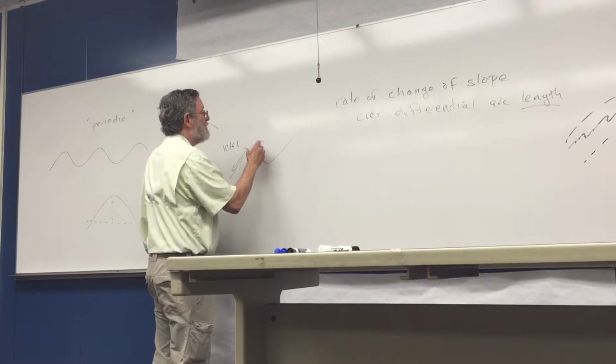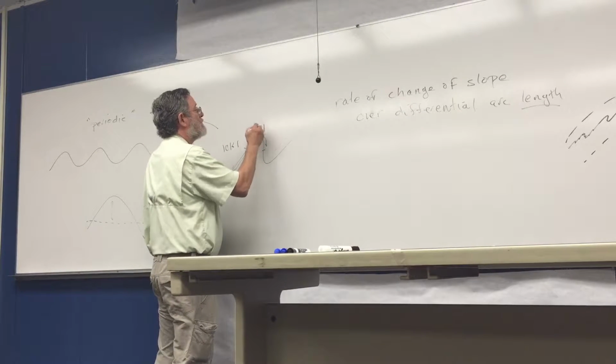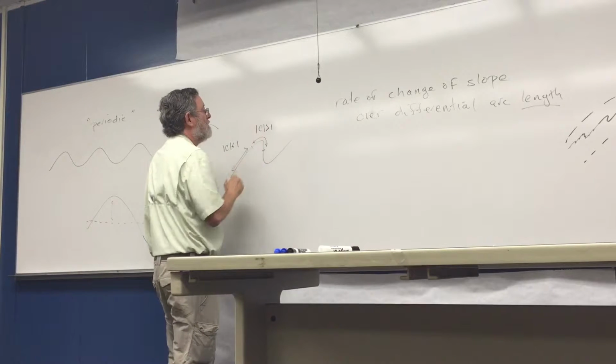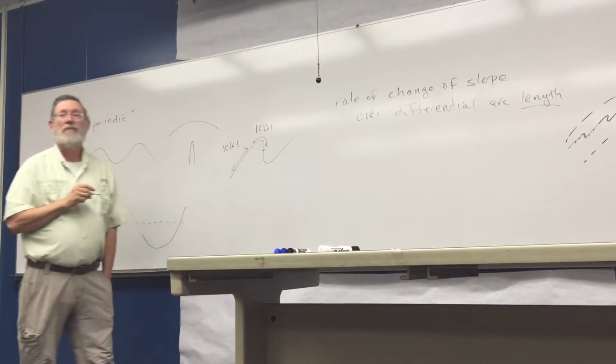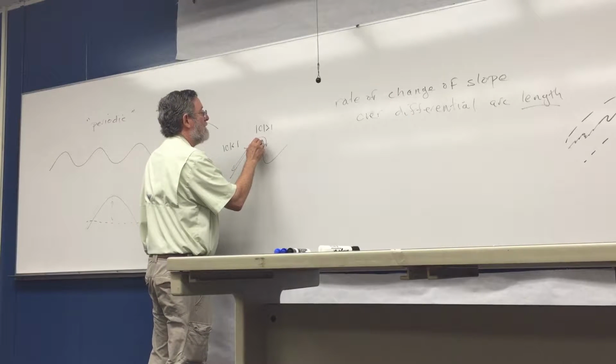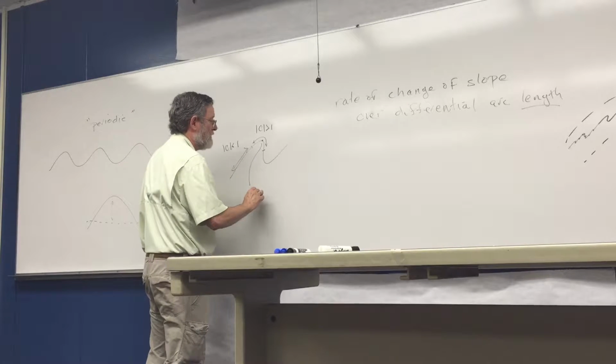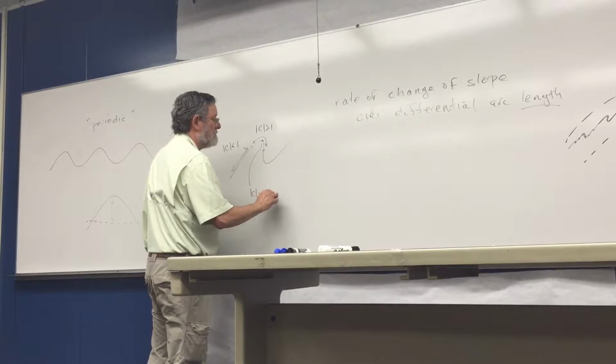We have a domain in here where the curvature is going to be greater than 1. We have a domain right there, a point where our absolute value of curvature is a maximum.